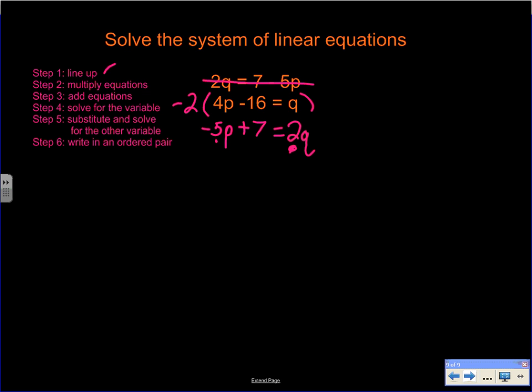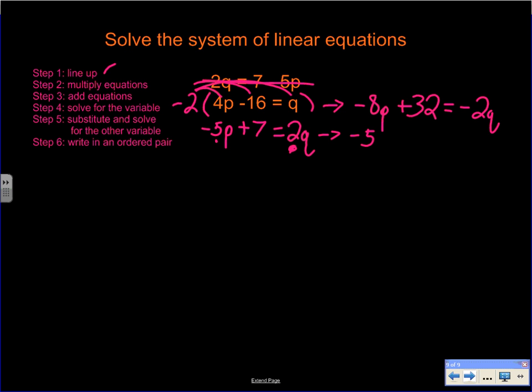Negative 2 times 4p gives us a negative 8p. Negative 2 times negative 16 is a positive 32. And negative 2 times 1q is negative 2q. This equation will stay the same.